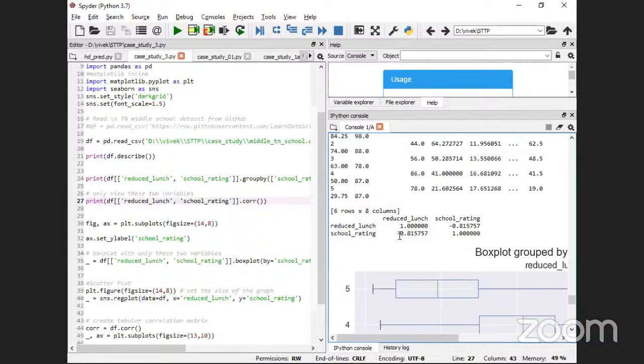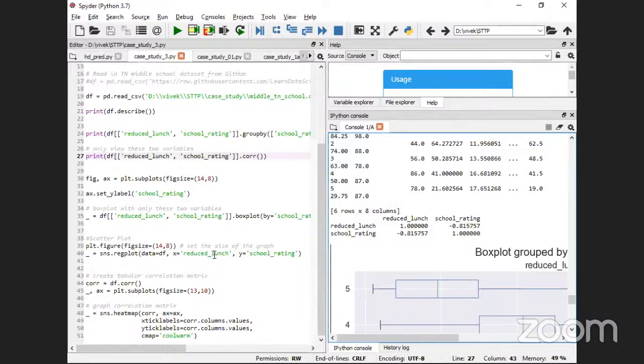And when there is a decrease in reduced lunch, when the government is offering only minimum lunch for the students, that indicates that poverty is less, and in fact the impact is on school rating. So school rating increases. This is how it creates an impact.